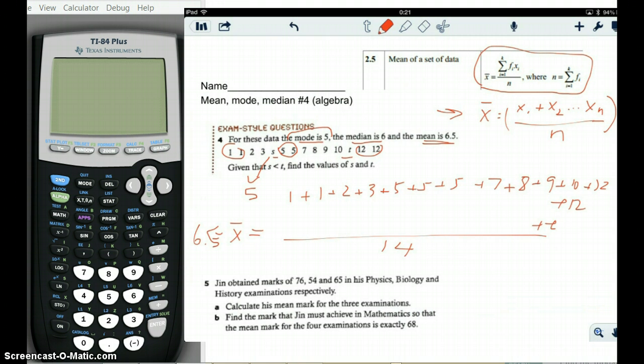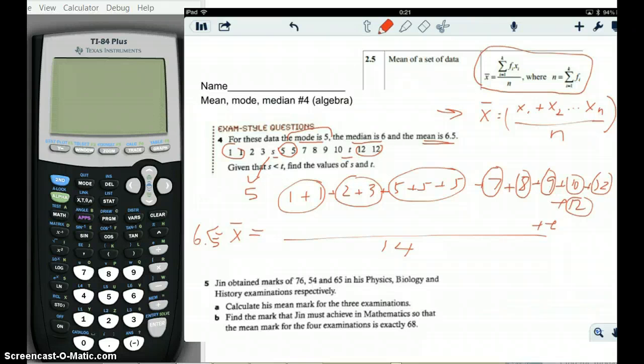Okay. So if you add up all these numbers except for T, let's see what we get. 2 plus 5 is 7, 22, 29, 37, 46, 56, 68, 80.